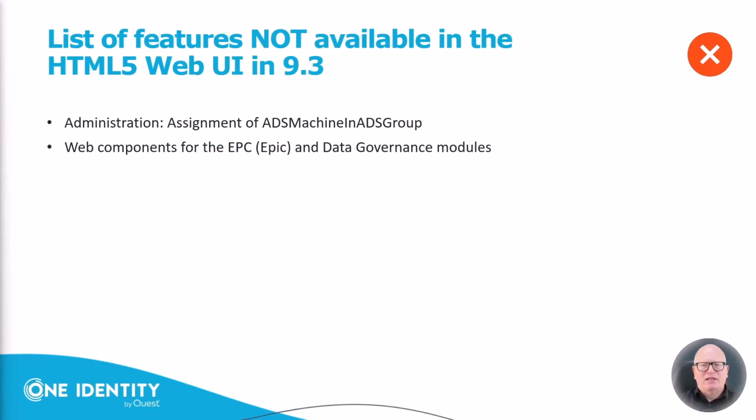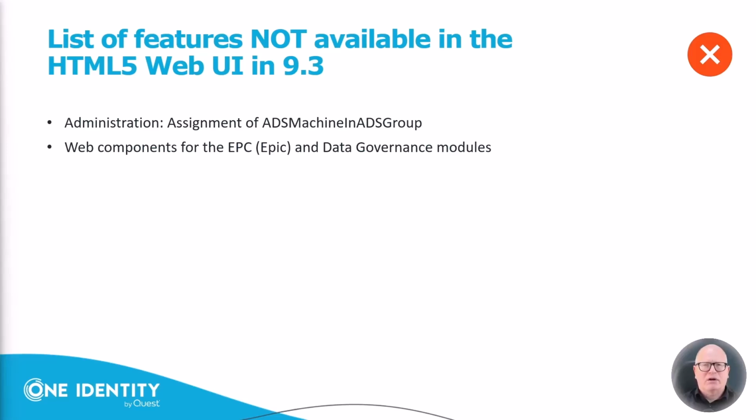And part of that was as well that the data governance stuff necessarily had to be reviewed to include .NET 8 instead of .NET Framework. And that was not possible until the release time of Identity Manager 9.3, and with that, the complete data governance modules and support is not available.